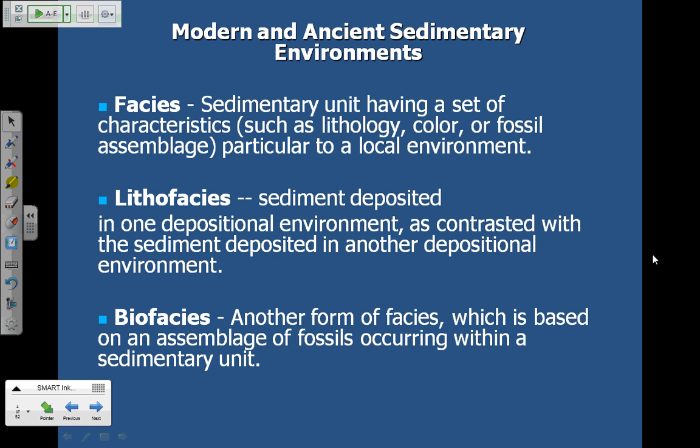By local we mean a large area, but mappable. The biofacies expands on it with, in particular, its fossil content. So it's an assemblage of fossils in these facies, which we can then map, tie together, and correlate.